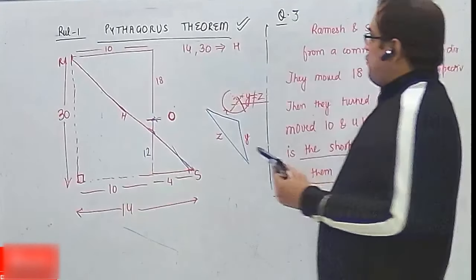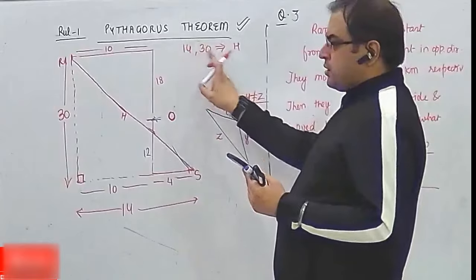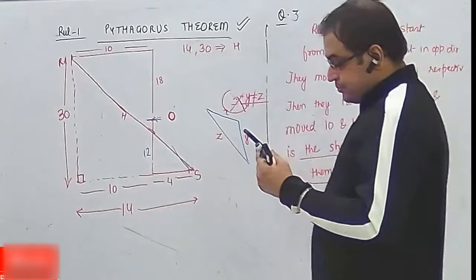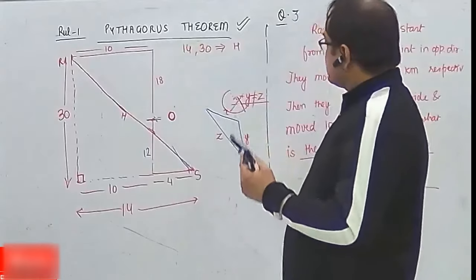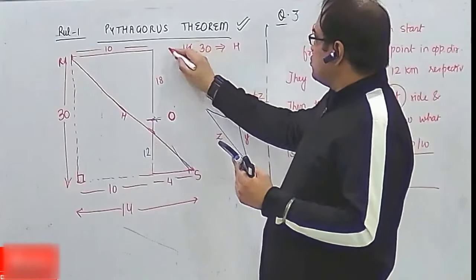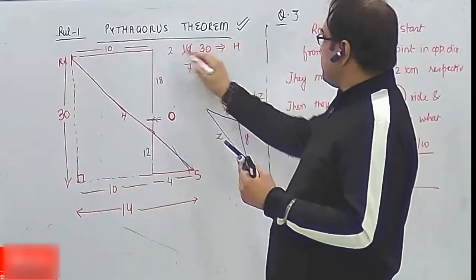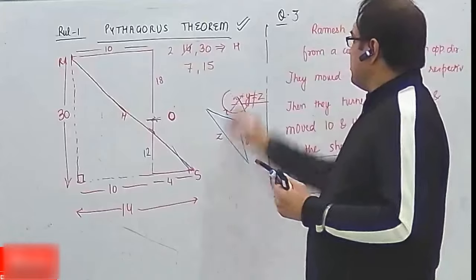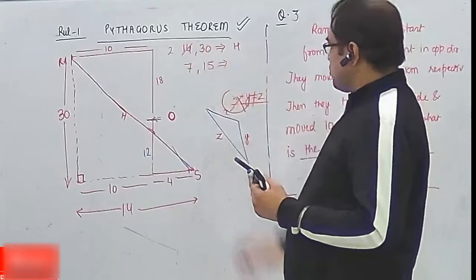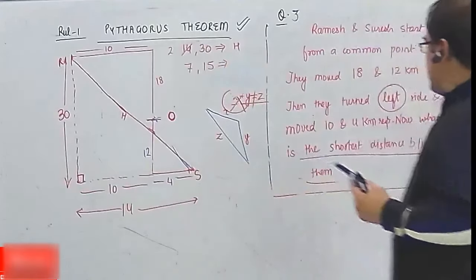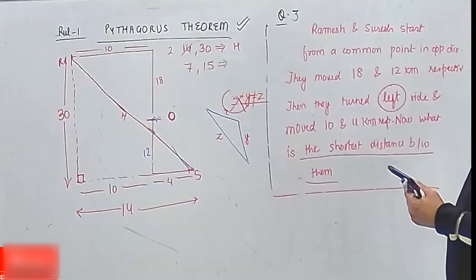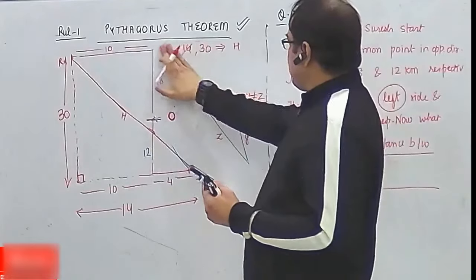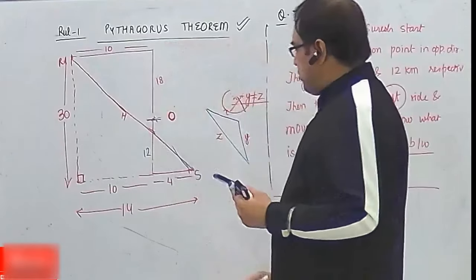Now, we solve this by common factor. The common factor is 2. 2 sevens are 14, 2 fifteens are 30. So 7 and 15 we cannot solve by the formula.